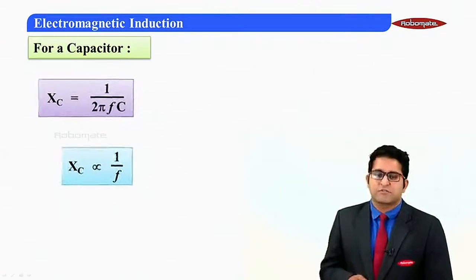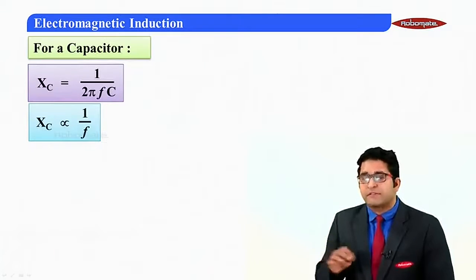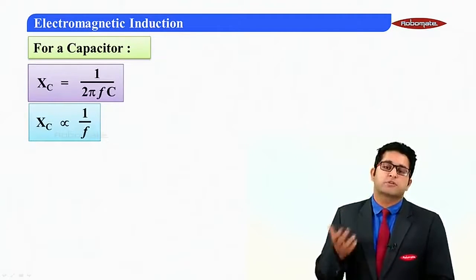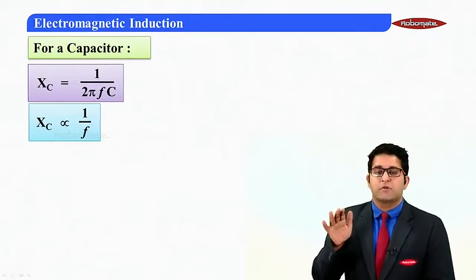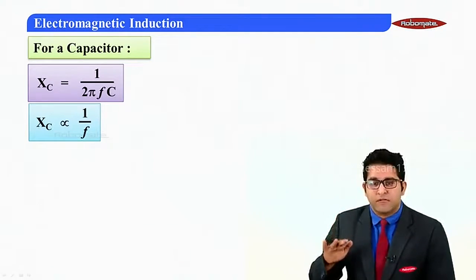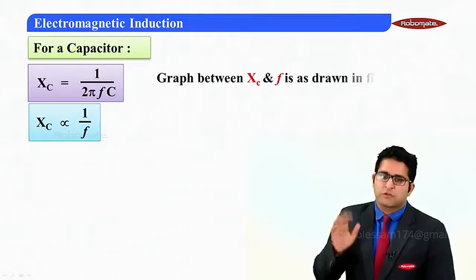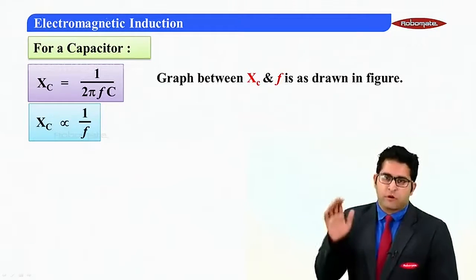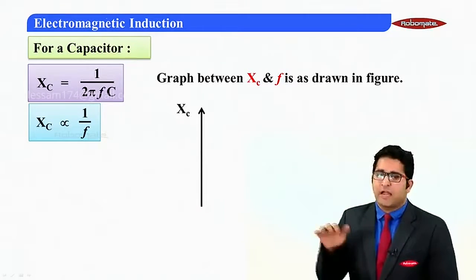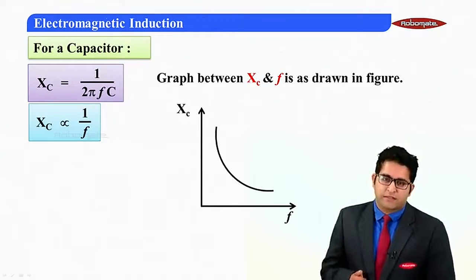Now let us take this further. Since capacitive reactance is inversely proportional to frequency, if we increase the frequency, the value of XC will decrease. Let us plot a graph between them. On the y-axis we take XC and on the x-axis the frequency, and the graph between them will be like this.